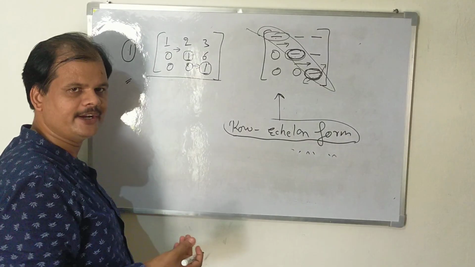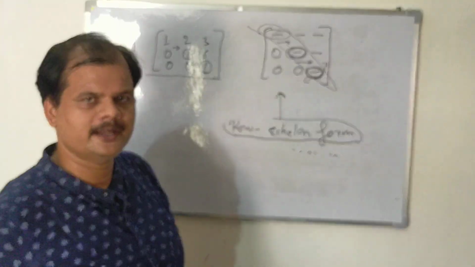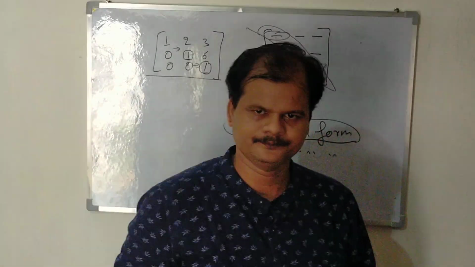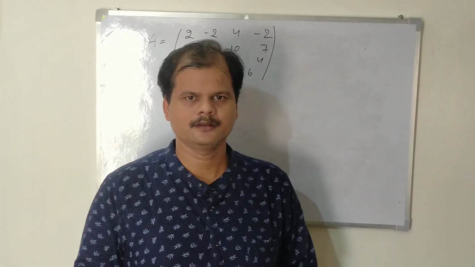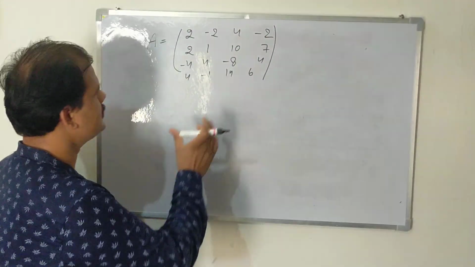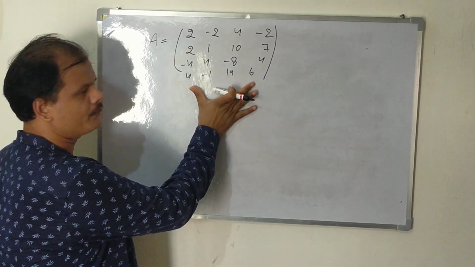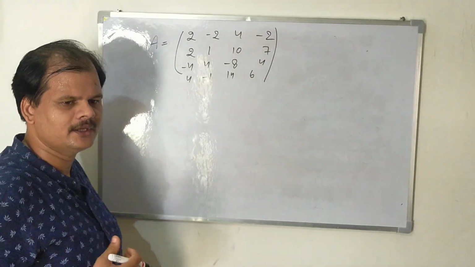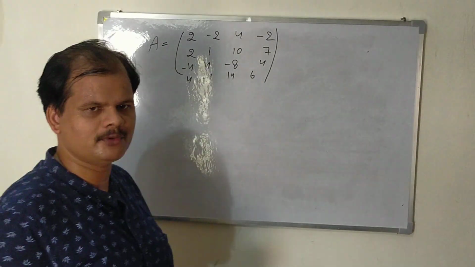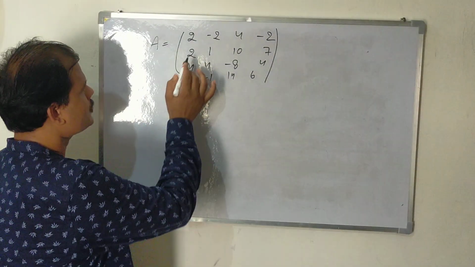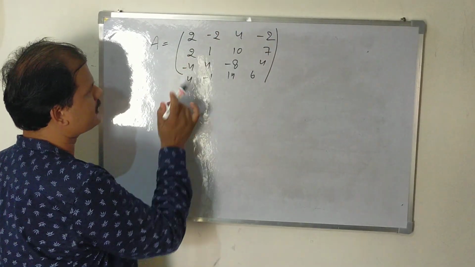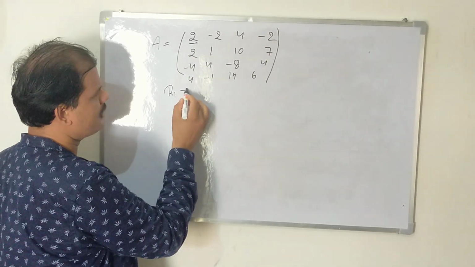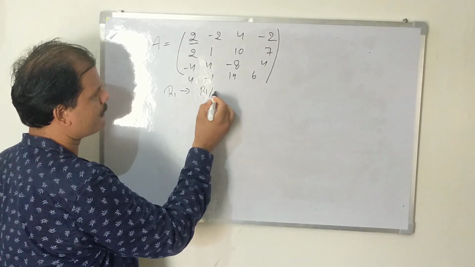Now let us try to find the rank of a matrix using the row echelon form. So now this is the given matrix. We need to make it the row echelon form, and we see how many non-zero rows there are, and that will be the rank of the matrix. So the first leading element should be 1 actually. So what we do, the first row operation is R1 replaced by R1 by 2.